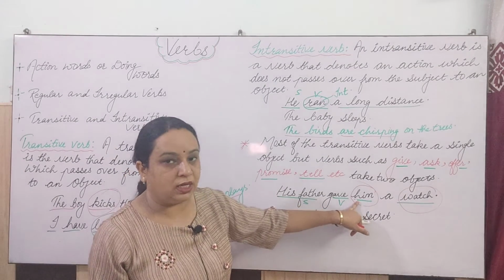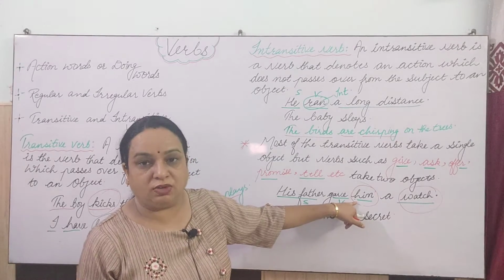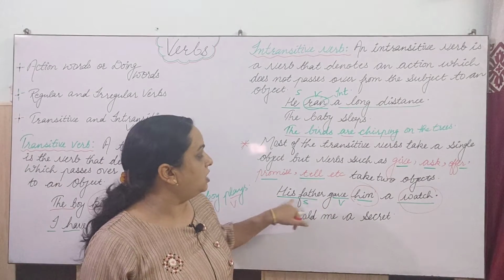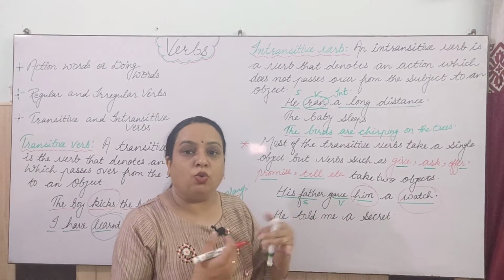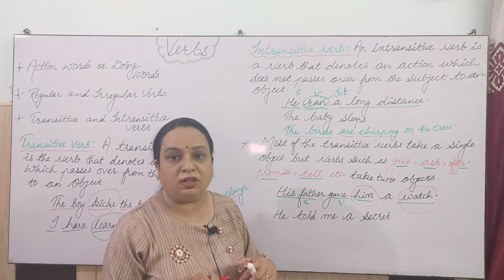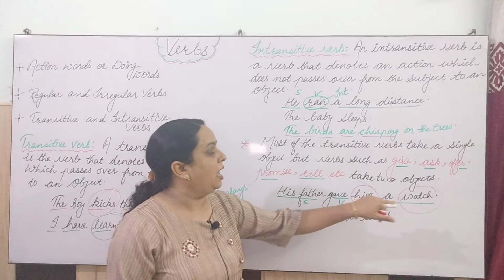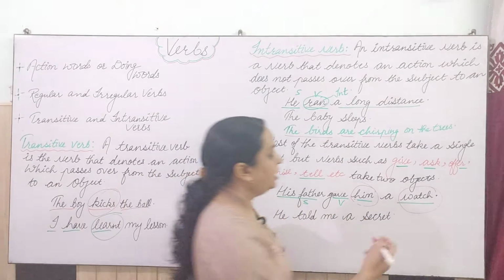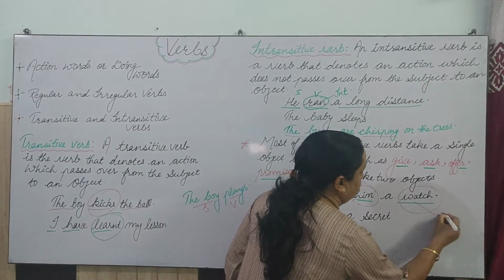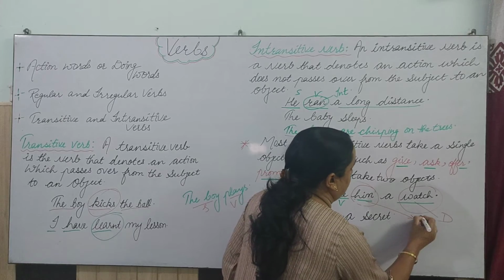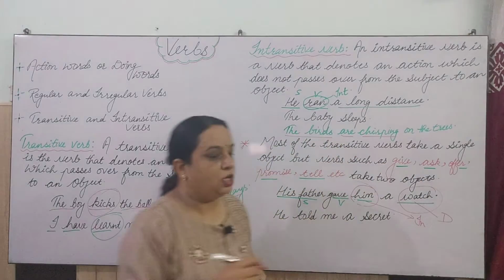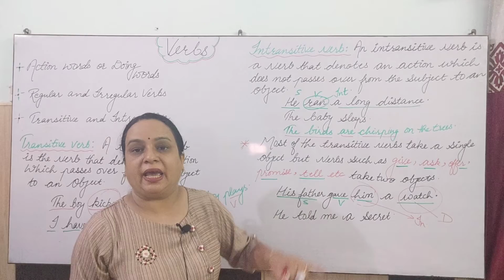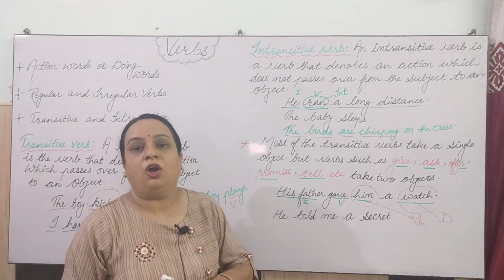Him is the receiver. He is receiving the watch because his father gave him a watch. So who is receiving the watch? Him, right? And what is received? Watch, that is the thing. So things are direct objects and persons are indirect objects.